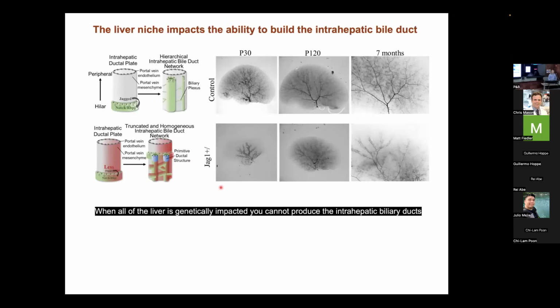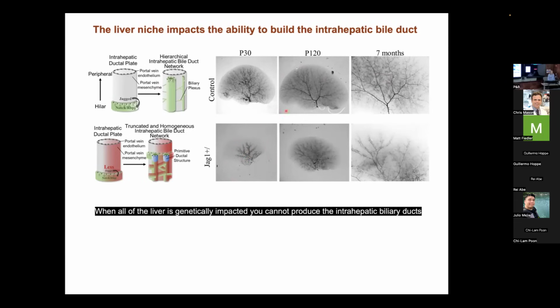So basically, one of my colleagues, Stacy Huppert, she's at Cincinnati Children's. What she's done is she actually has made a mouse that has the same defect as these kids. And I hope you can see this here. You can see here, this is what the bile ducts look like if you label them. See how beautiful it looks. It just creates like a beautiful tree in the liver. And if you look here at P30, you kind of see it's not really making it the whole way.